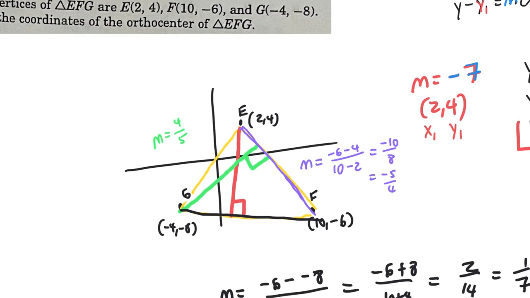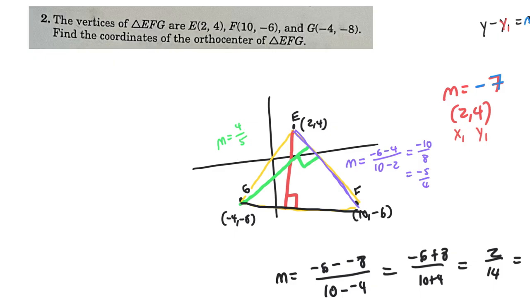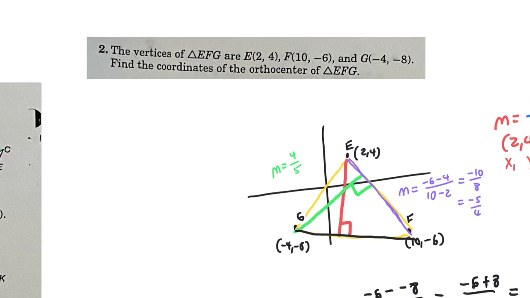Okay. Now, not only do we have the slope of the green altitude now, but we also have a point that we know that the green altitude goes through. It goes through -4 comma -8. So let's see. We'll write down our information here.